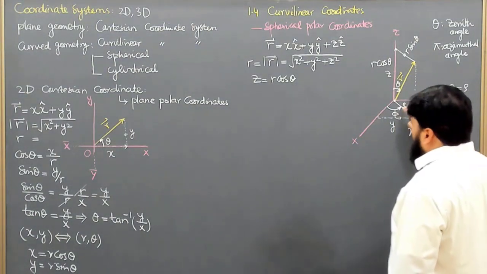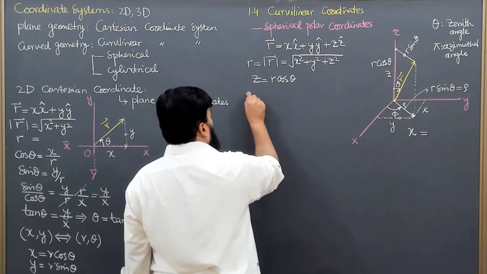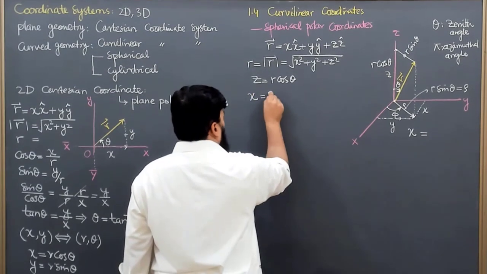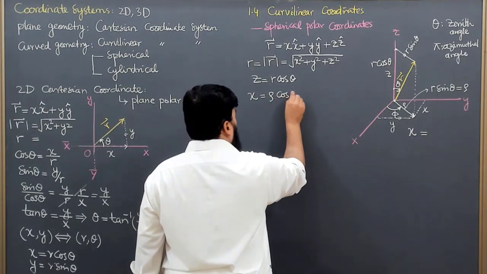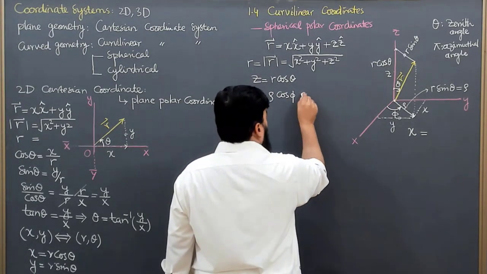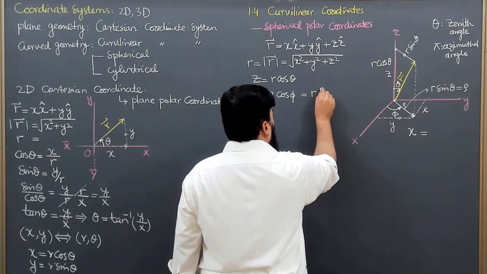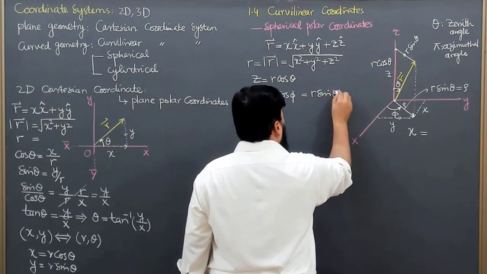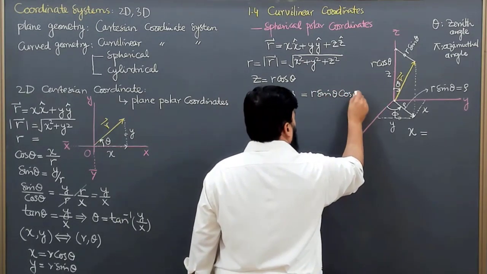So rho has its x component equal to rho cos phi. If I put the value of rho, then this is equal to r sine theta cos phi.